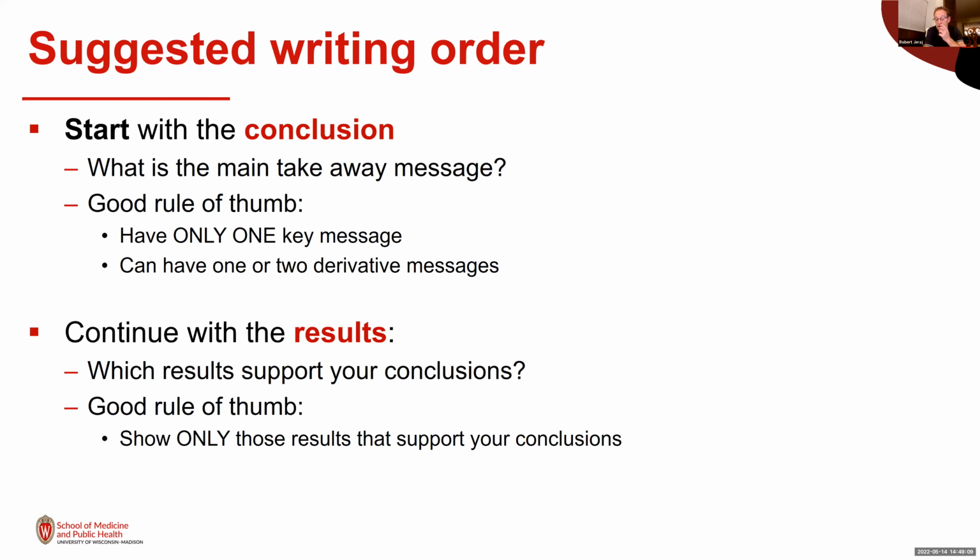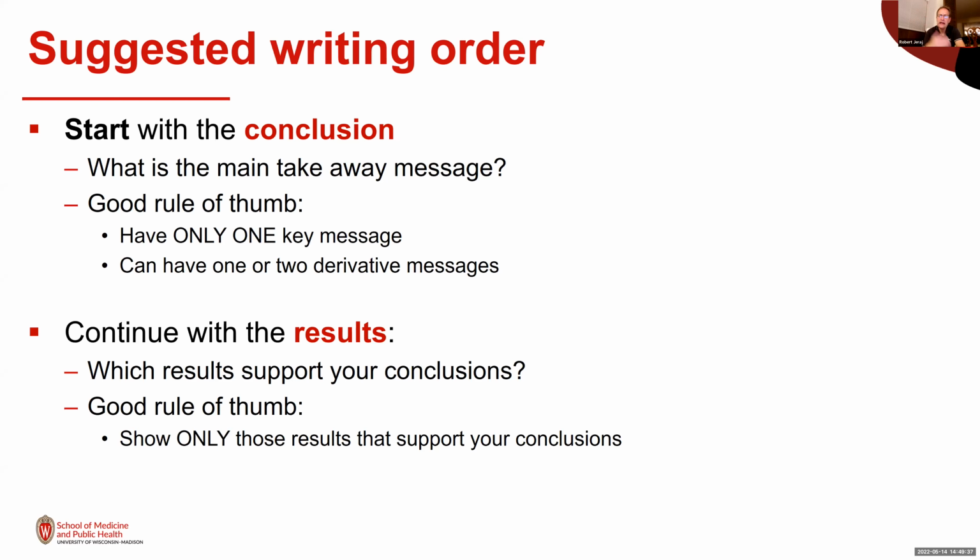The second step is then to go to results and to say, which results do I have that support my conclusions? And the good rule of thumb is that you should show only those results that support your conclusions. There is no point in having a lot of results that are irrelevant to what your message is. It's actually a distraction to your message. So you start with the key message and then the results that support the message that you want to say.